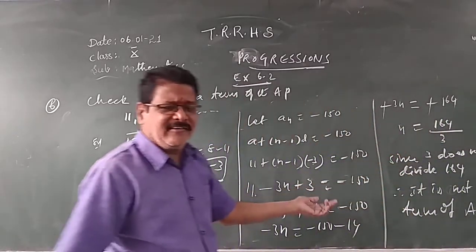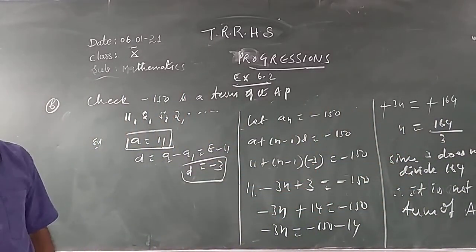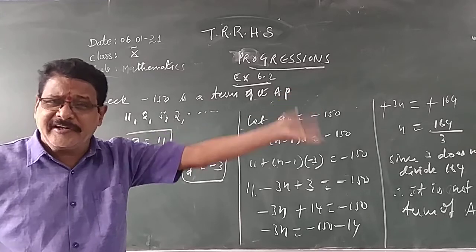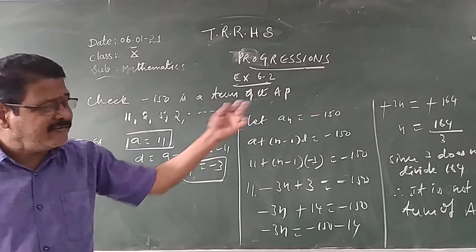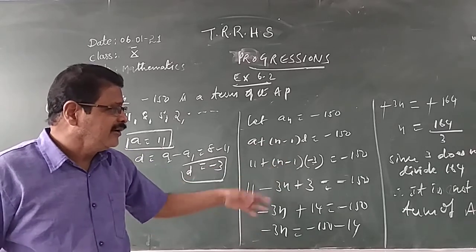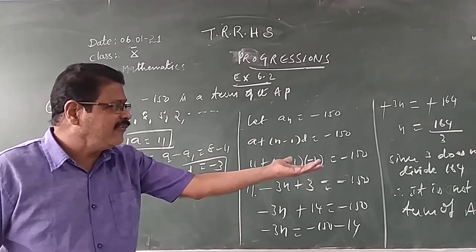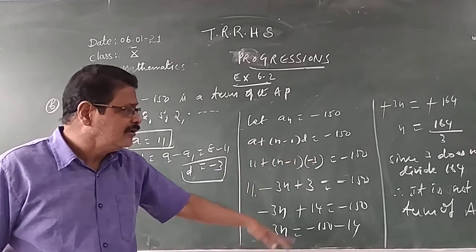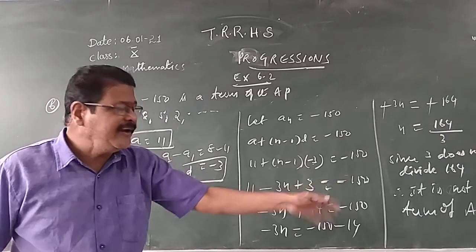Because 3 doesn't divide 164, we get a remainder. It doesn't divide completely, perfectly. That is why it is not a term.